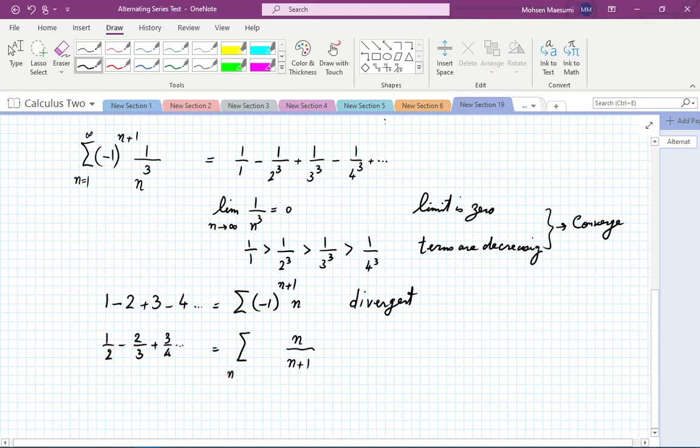I'm starting at 1 and I am starting with a positive, so I might start with n over n plus 1 and go on. Would that one converge? Well, again, this one violates the condition that the nth term has to go to 0. We are not even relieved from any consideration with respect to is it decreasing or not. We don't even need to bother with that.